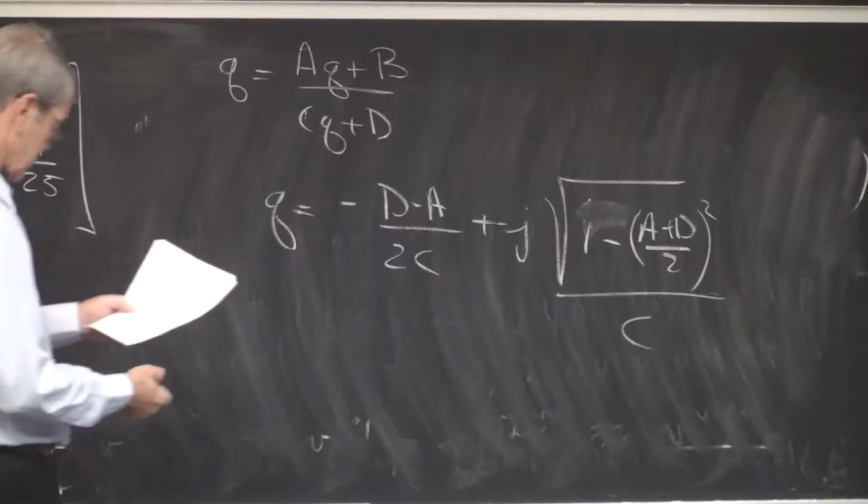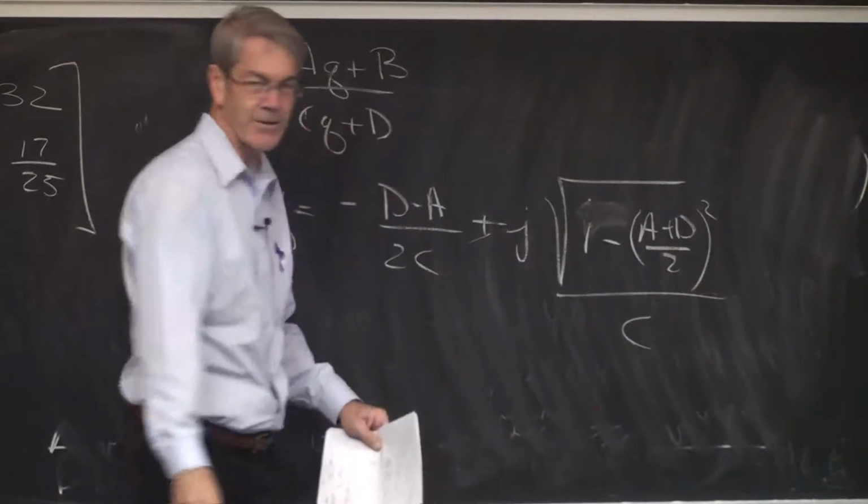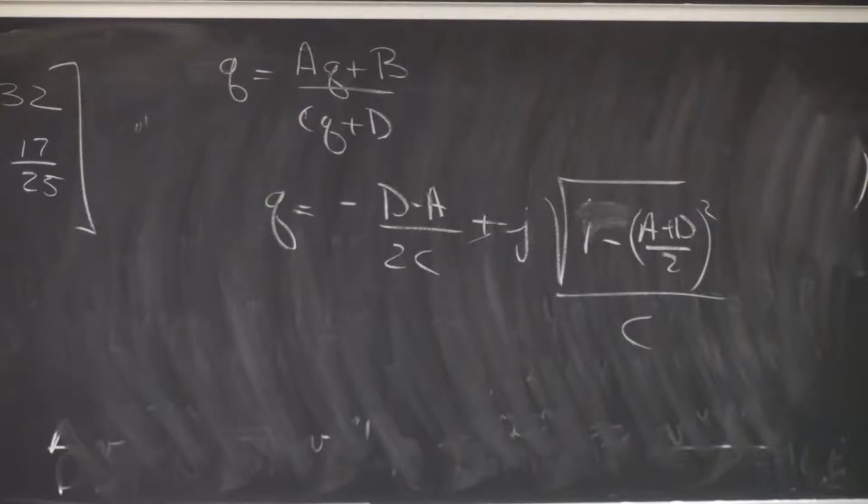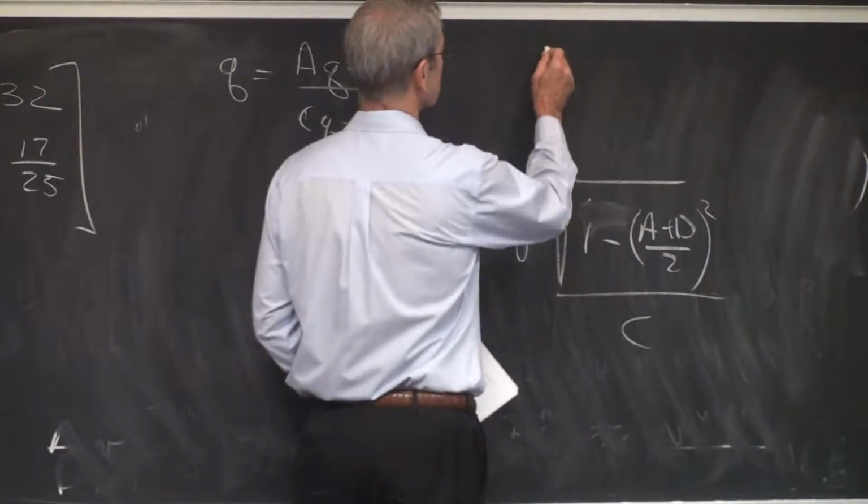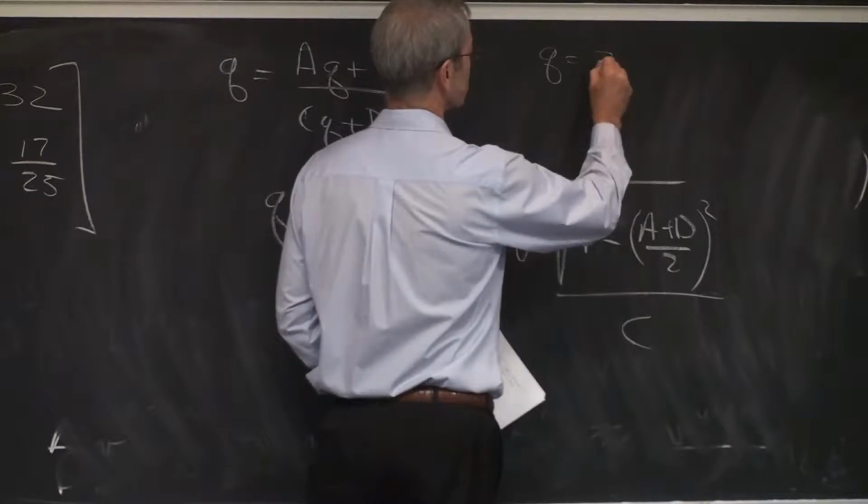Oh, no. I'll choose whichever one's convenient. So it's going to be that. And the reason I chose plus is because usually we define Q equal to Z plus J Z naught.